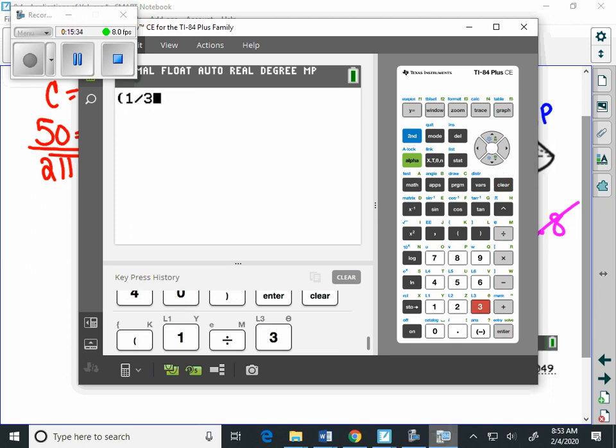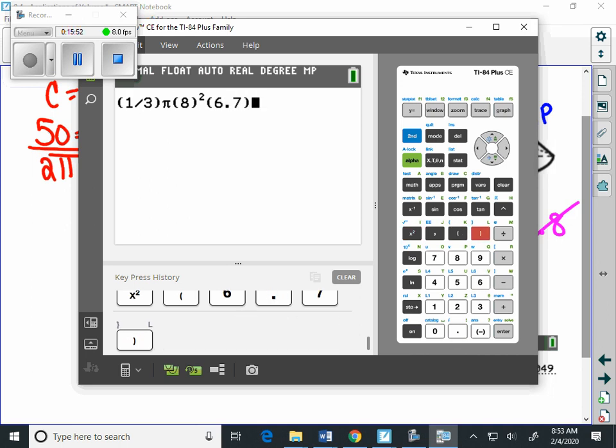So when we go back here, 1/3, 1 divided by 3, times pi times our radius 8, it might be nice if I have squared on there, 8 squared times the 6.7, and we should end up with 449.03.